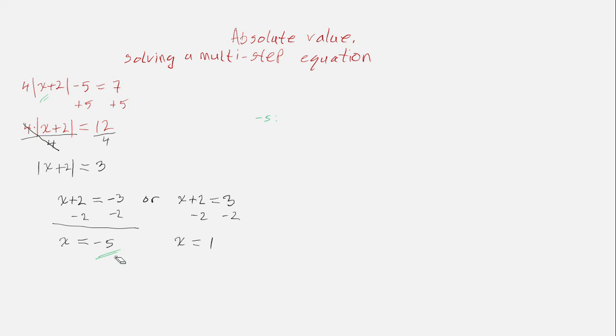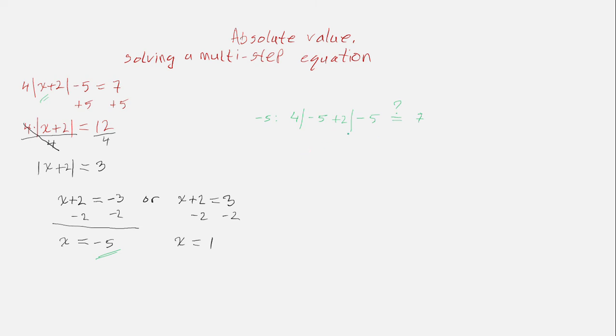So we started with negative 5, so let's put it in there. We'll have 4 absolute value. Instead of x, we put negative 5. We still have plus 2, close absolute value, minus 5, equal to 7. And we are questioning this. We're trying to see if this is actually a fact.